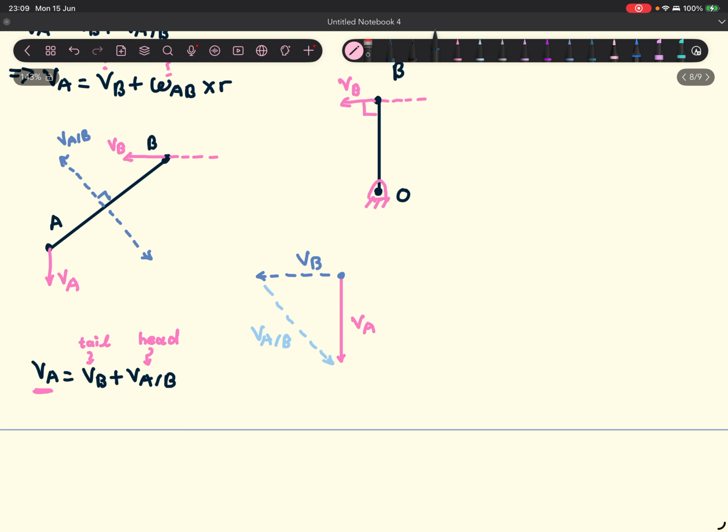Okay, then I'm going to look for vectors that are either horizontal or vertical. So VA over here is vertical. Wait, did I say horizontal or parallel? I meant horizontal or vertical. So VA is vertical, and then VB is horizontal, right?